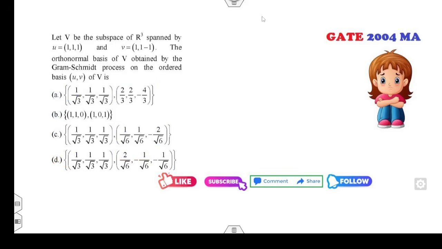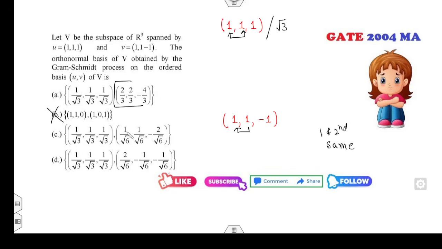दोबारा करता हूं, अब आप इसको 15 सेकंड में कैसे सॉल्व करोगे। फर्स्ट वेक्टर को लिख लीजिए 1 1 1, सेकंड वेक्टर को थोड़ा दूर करके लिख लीजिए 1 1 -1। फर्स्ट वेक्टर को उसकी लेंथ √3 से डिवाइड कर दो, तो फर्स्ट ऑप्शन कैंसिल। लुक एट द सेकंड वेक्टर, जिसमें फर्स्ट और सेकंड वैल्यू सेम नहीं है, सो यू कैन सी फोर्थ ऑप्शन कैंसल। अब इन दोनों ऑप्शन में से जिसमें लेंथ सेम नहीं है, 4 + 4 + 16 which is not equal to 3, this option cancel. 1 + 1 + 4, that is my √6 satisfied.